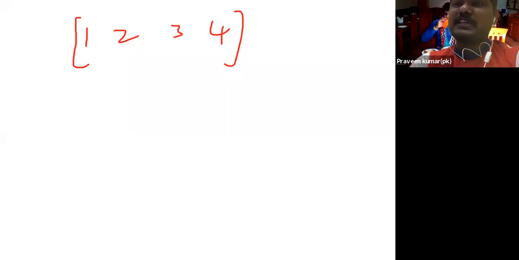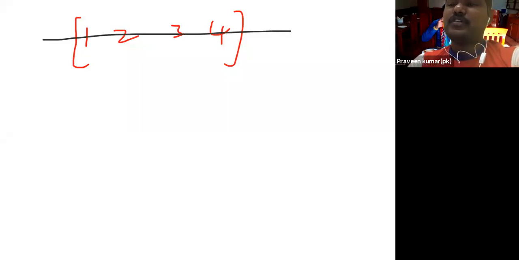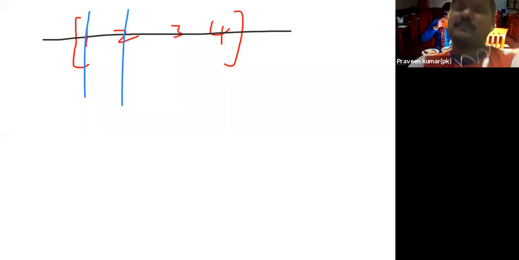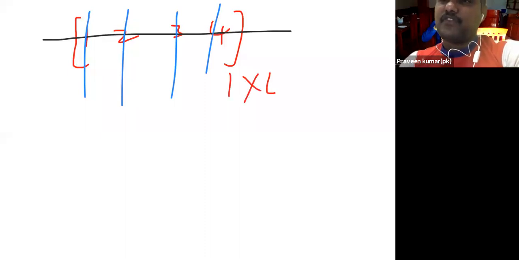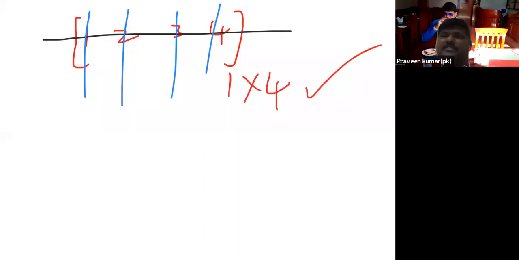How many rows are there? Only one row. How many columns? 4 columns: 1, 2, 3, 4. What is the order of the matrix? 1 cross 4. 1 row, 4 columns. No confusion.